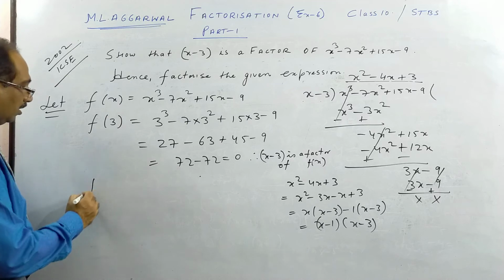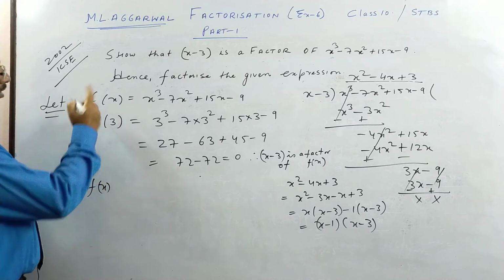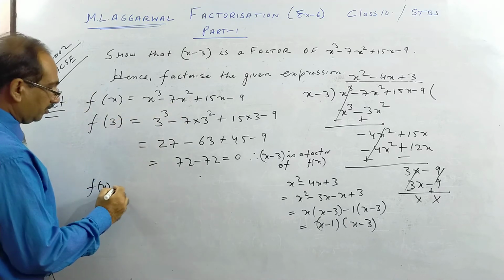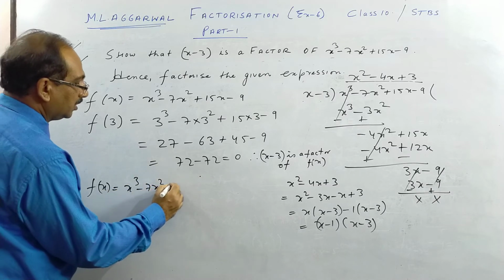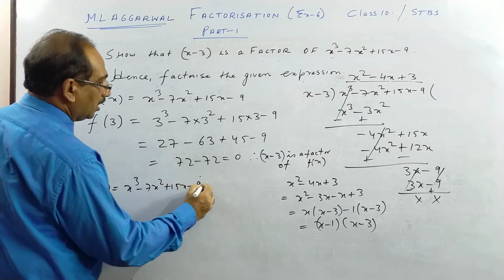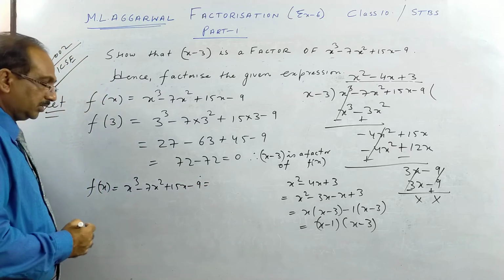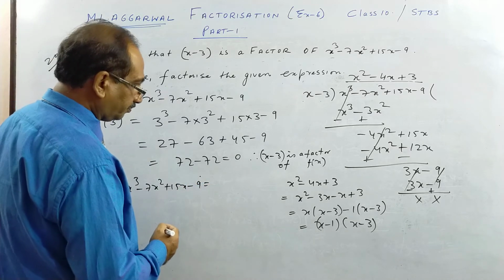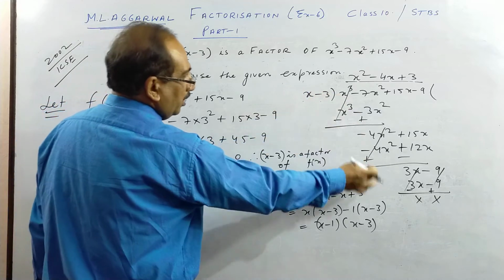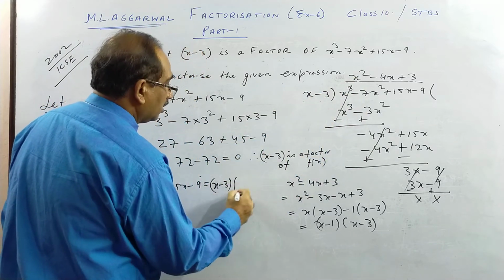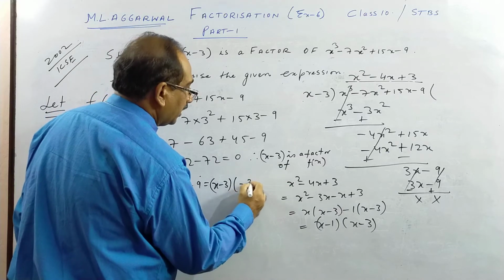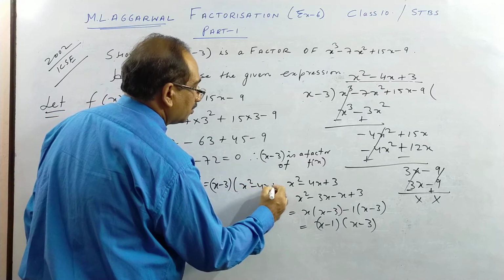Now finally we know f(x), that is our equation. If you want, you can write it fully. As I taught you earlier, there is no remainder, so this is this into this: x minus 3 into x square minus 4x plus 3.